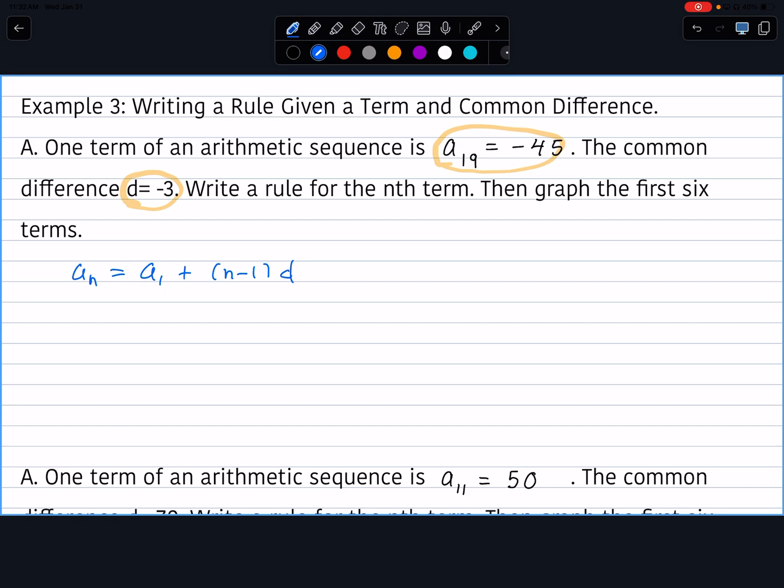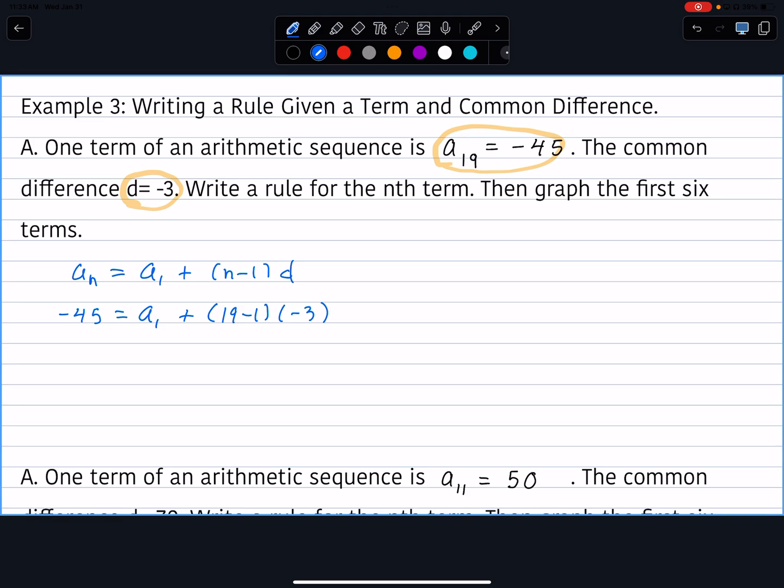So let's see. We know the 19th term, right? So we know the 19th term is negative 45. We have no idea what the first term is. Again, n in this case is 19 because it's the 19th term, so I'm going to do 19 minus 1. And the common difference we were given to be negative 3.